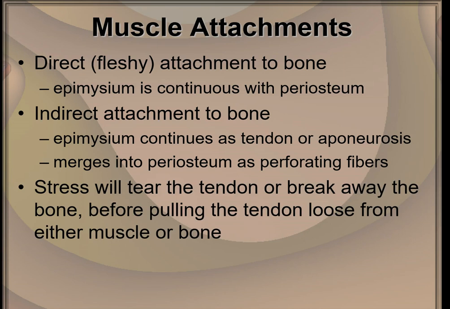It makes it really strong. Stress will tear the tendon or break the bone before pulling the tendon loose from either the muscle or the bone. So this is just a statement telling you this is a really strong connection, okay? And oftentimes when a tendon ruptures, it'll actually pull off a piece of the bone when it does that. The bone will break, okay?